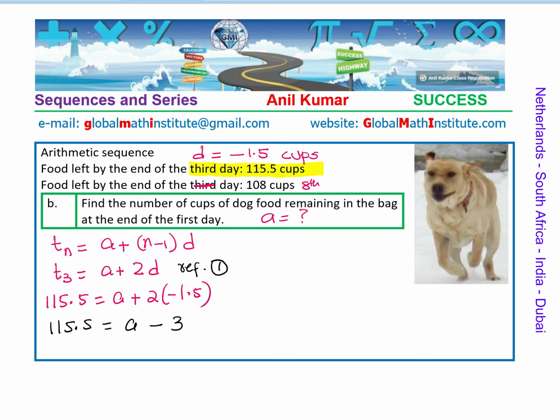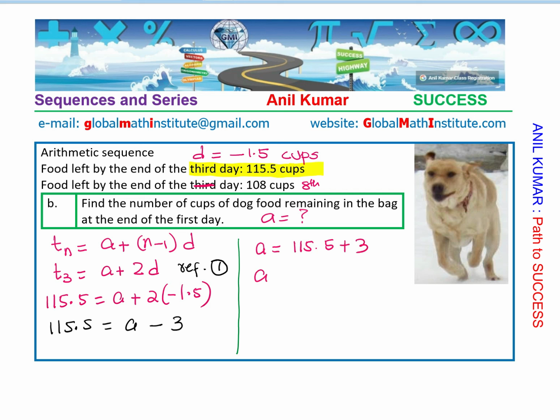And now we'll find the value of A by adding 3 to the left side. So we can rewrite this as A equals 115.5 plus 3. So we get the value of A as 118.5.